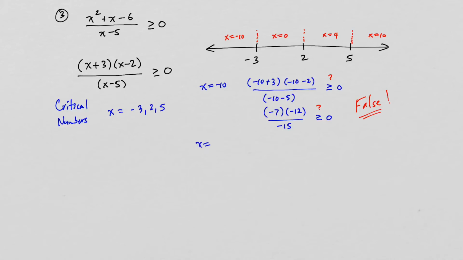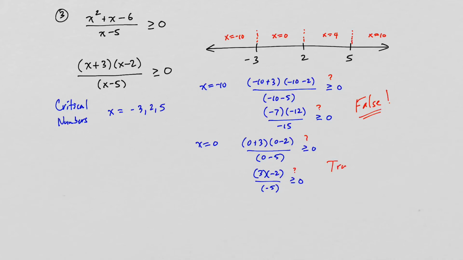Then we plug in x equals 0. This is our next critical number here. We're testing this interval now. So if we plug in 0, we get 0 plus 3, 0 minus 2, and then 0 minus 5. Is this greater than or equal to 0? Well, this says 3 times negative 2 divided by negative 5 is greater than or equal to 0.